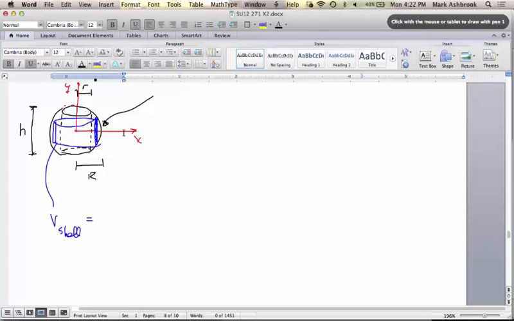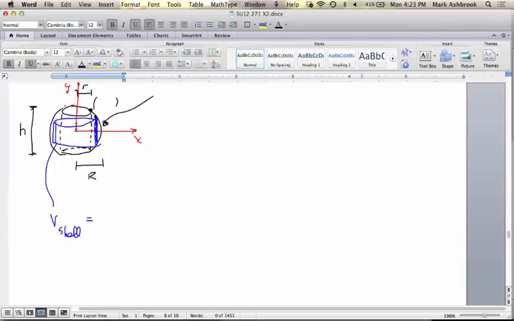Okay, so what are the coordinates of this point right here? If we're using our x and y axis like this, then that's going to be an important point. What's the x coordinate of that point? This is x, right?